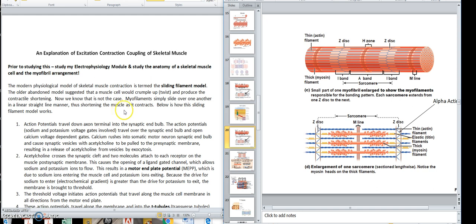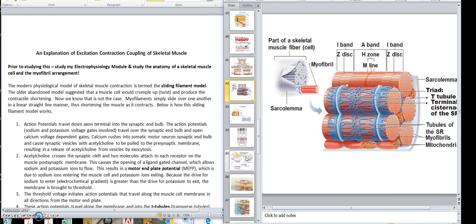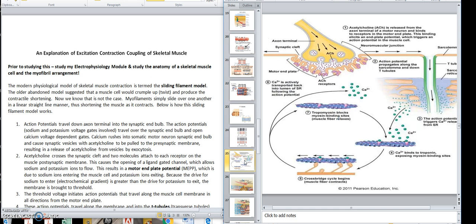Okay? So we're going to walk through this, but if you study this first, it's going to make this very simple, particularly the electrophys. All right. So I'm going to start here. This right here is the neuromuscular junction. This is a terminal of a neuron.